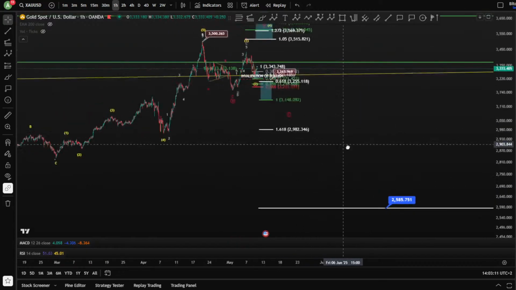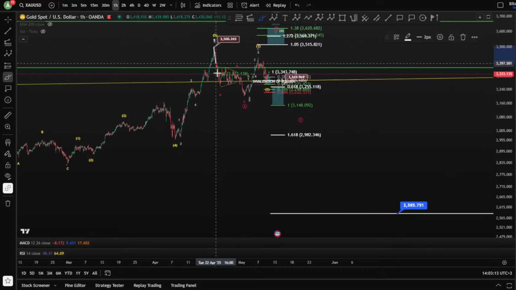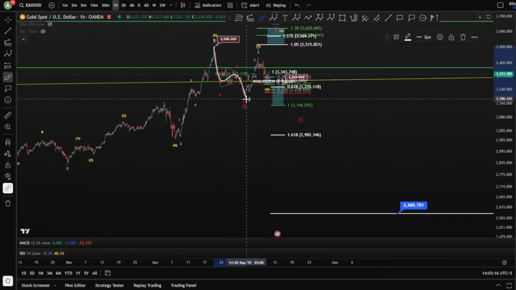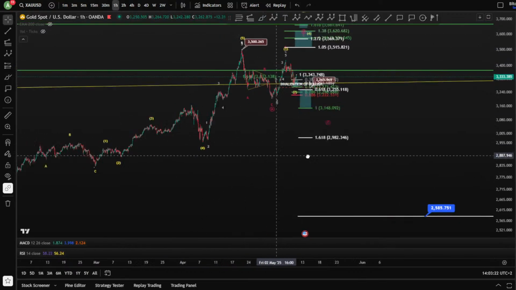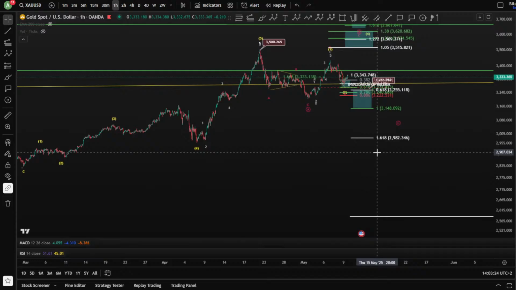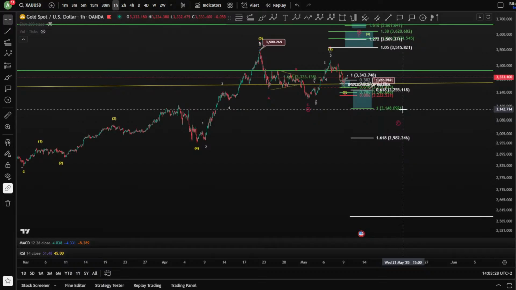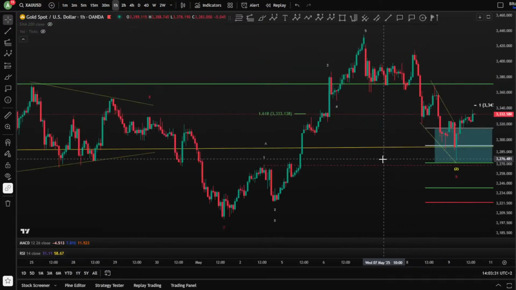Okay, and therefore, if we are starting here in 3 waves down, and then sorry, we are on the 1-hour chart. Yes, so we have already 3 waves down here. Let me check. Okay, ABC.